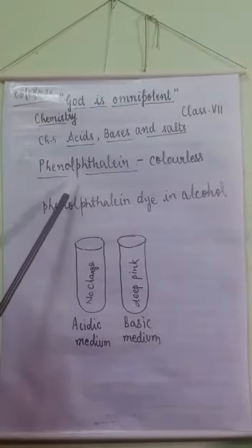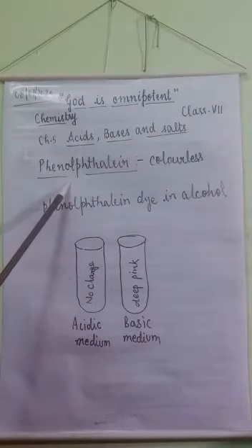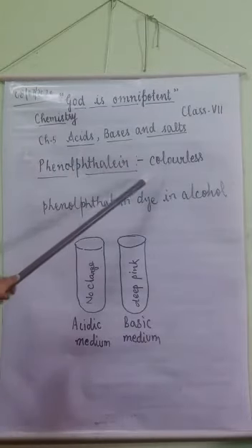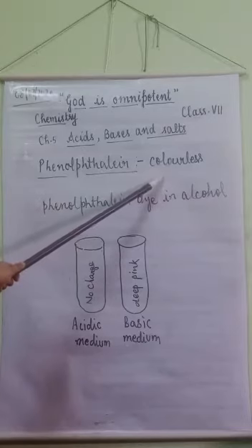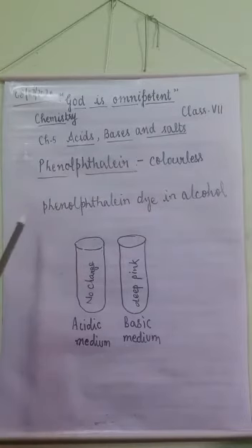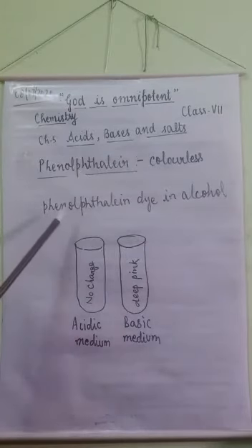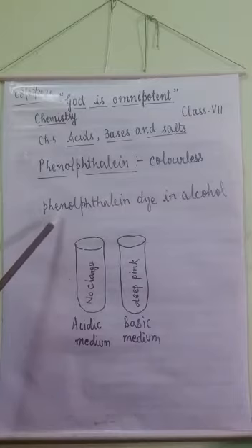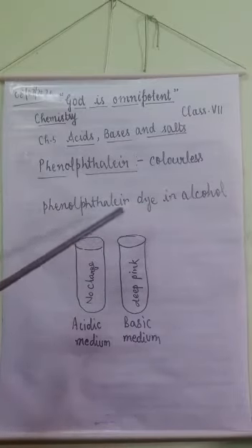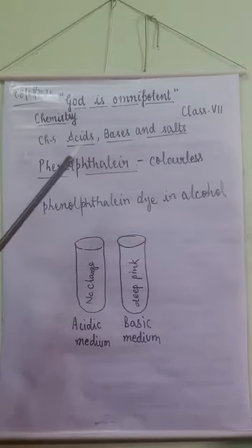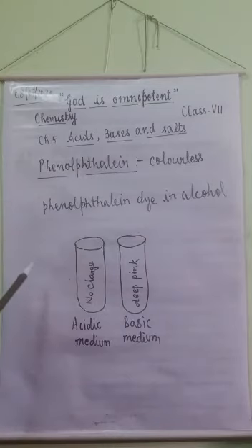Here is another indicator named phenolphthalein. It is a colorless solution. It is prepared in the laboratory by adding phenolphthalein dye in alcohol, and a colorless solution is obtained which is used as an indicator.